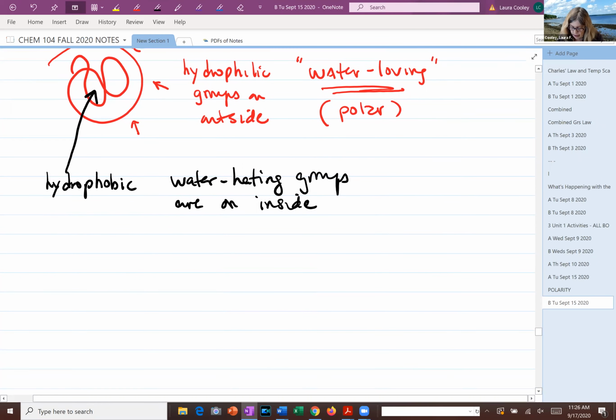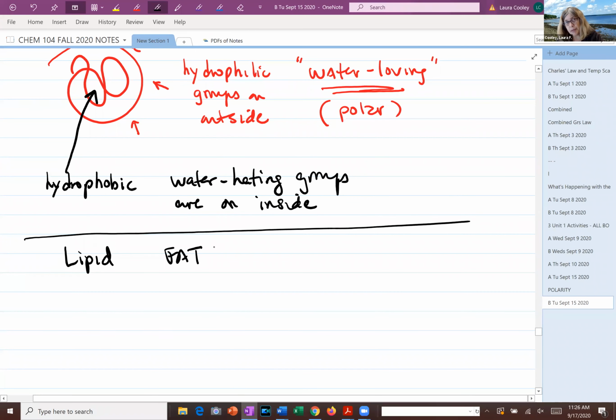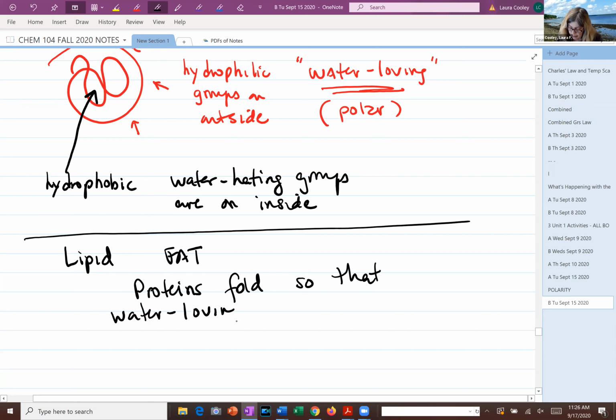So if you were in a non-aqueous environment, like suppose in a lipid fat, like in a lipid bilayer, the proteins would fold in a different way. They would fold so that the water-loving groups, the polar groups, are on the inside, okay?